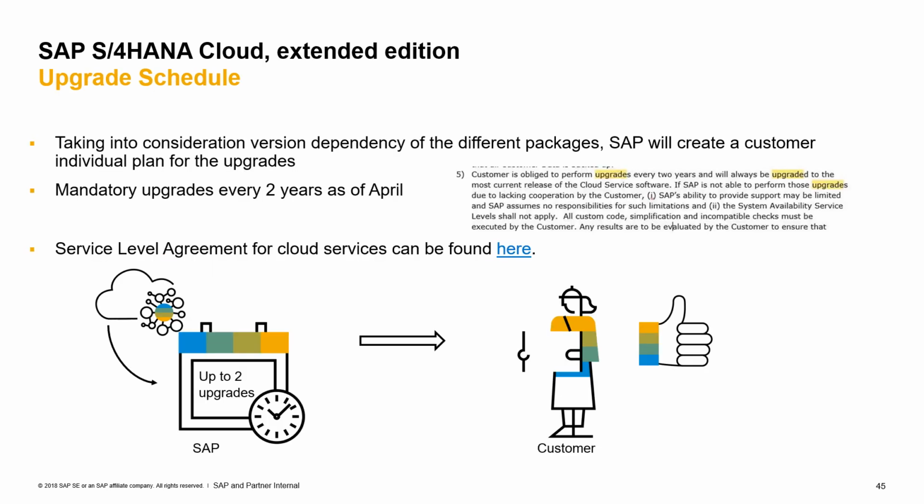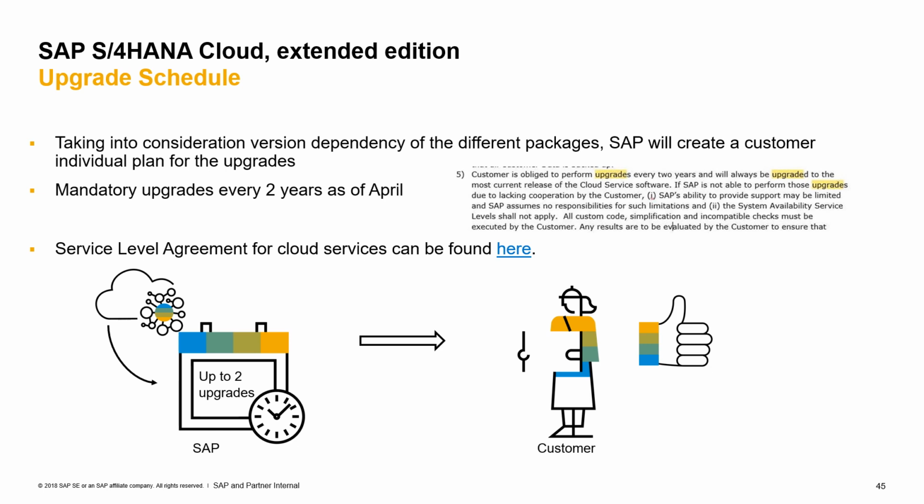Let's now take a look at the changes to the upgrade schedule for SAP S4HANA Cloud Extended Edition. So now we have up to 2 upgrades per year. Formerly, and in previous years, we offered up to 4 upgrades per year. So now we've got a standardized 2 upgrades per year. Customers can work with SAP to determine the time frame when they want to take an upgrade or if they want to skip one.